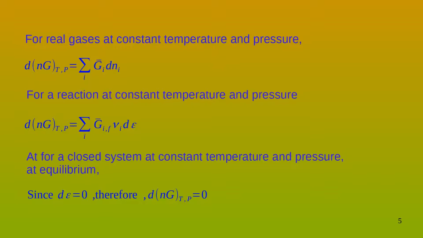Now, the change in Gibbs free energy of such a system which is undergoing a reaction, d(Ng) at constant temperature and pressure, is equal to nothing but summation over I of Gi bar. But in this case, we write it as the partial Gibbs free energy of formation.